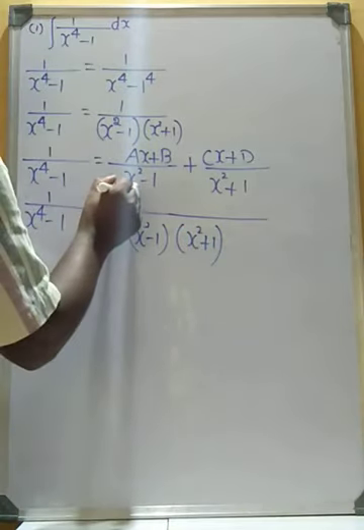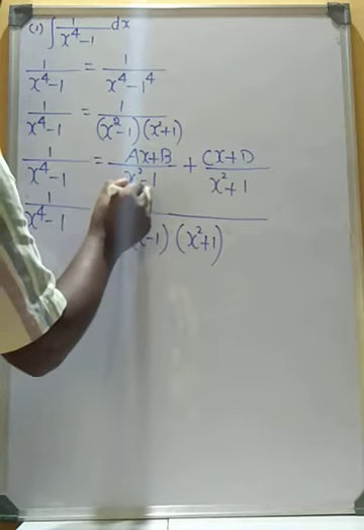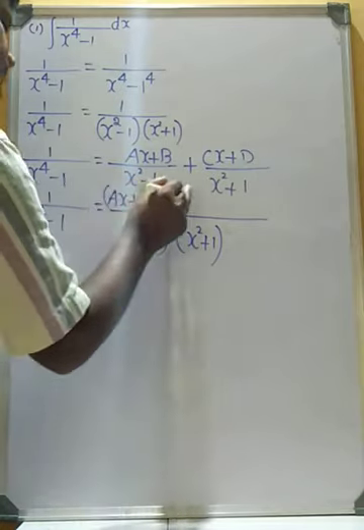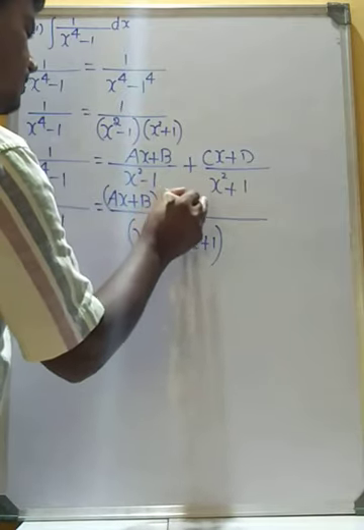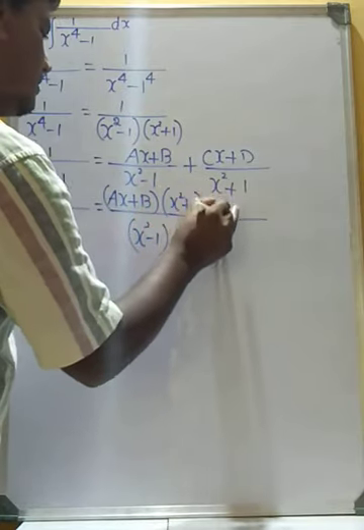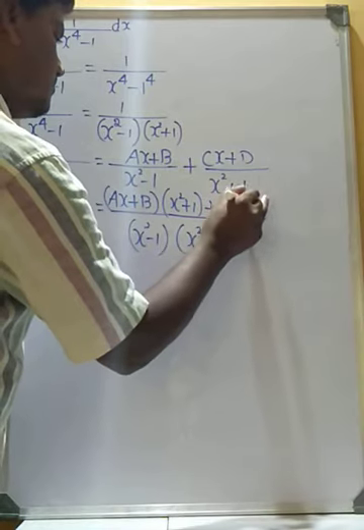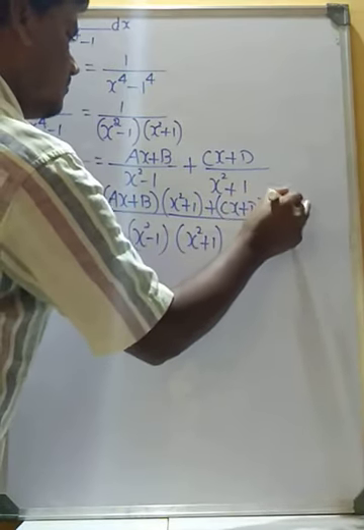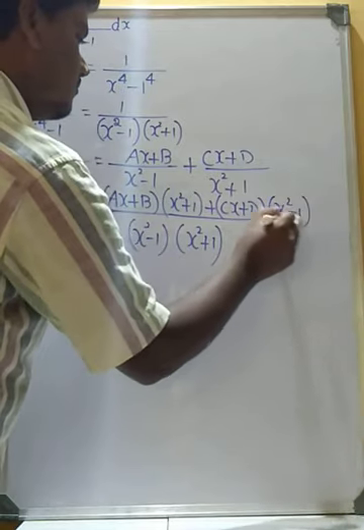So in the numerator, ax plus b into x square plus 1 plus cx plus d into x square minus 1.